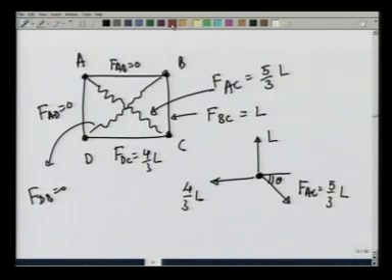Recall again that cosine of theta is 4/5 and sine of theta is 3/5.